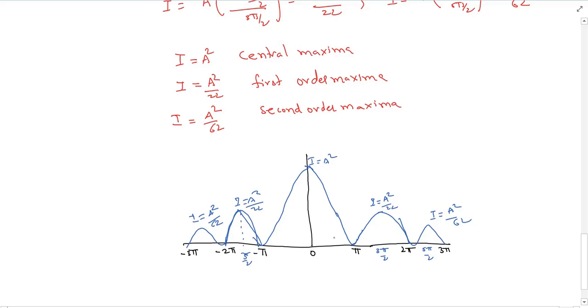So like that, we get minima whenever sin alpha is equal to 0, that means alpha is equal to plus or minus n pi. At alpha equal to 0, that is theta equal to 0 direction, I is equal to A squared, and at 3 pi by 2 and 5 pi by 2 we are going to get the secondary maxima.